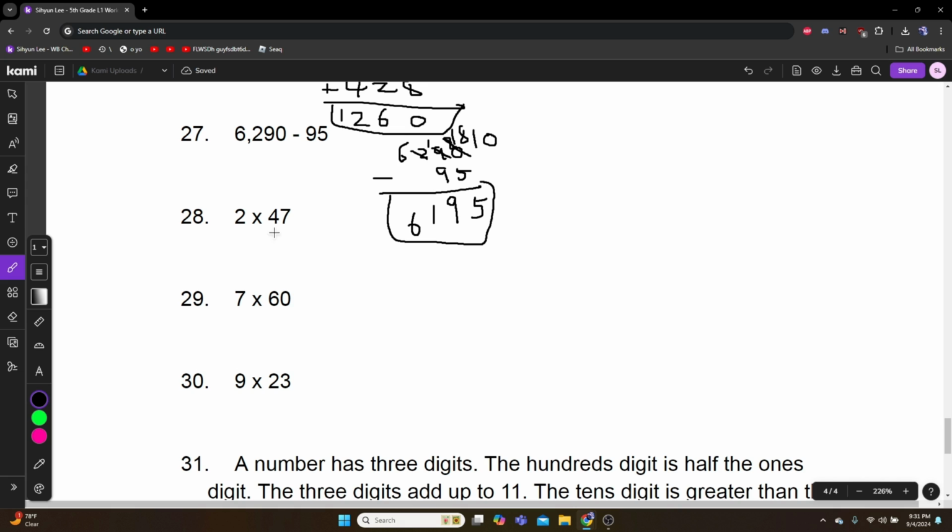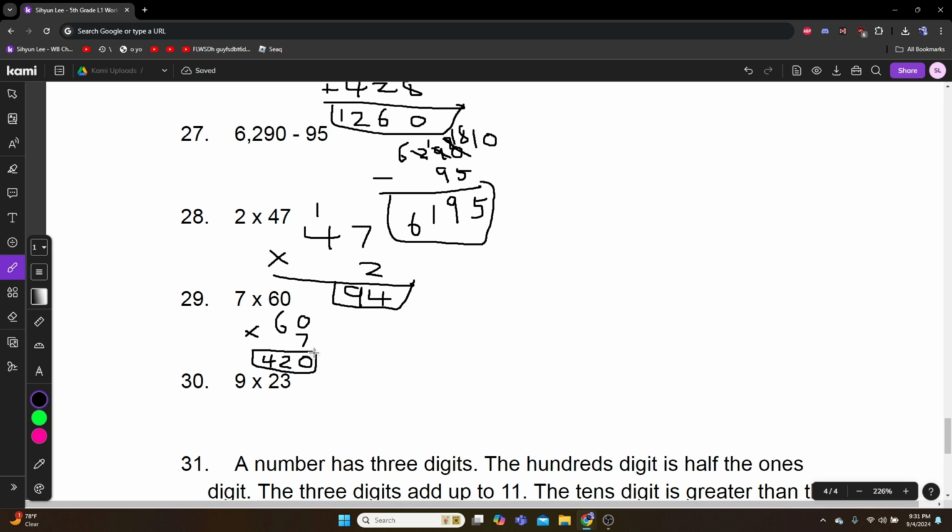For 28, we're multiplying these. So 2 times 47, 47 times 2. So 7 times 2 is 14. So we put a 4 here, and then carry the 1 over. And then 4 times 2 is 8, and then add the 1, so 94. And then 7 times 60, 60 times 7. 0 times 7 is 0, and then 6 times 7 is 42, so we just put it here.